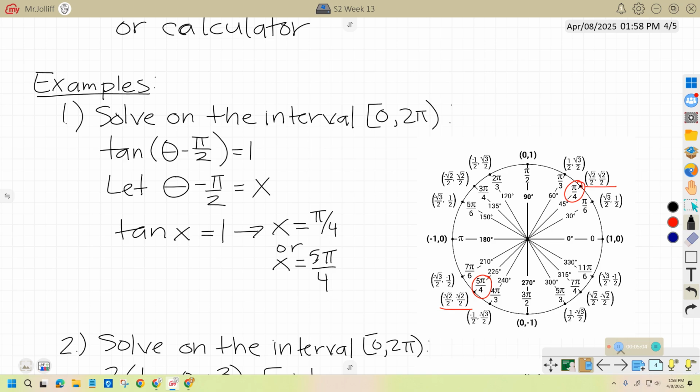If x is equal to pi over 4, theta minus pi over 2 equals pi over 4. Theta minus pi over 2 equals 5 pi over 4. I get two new equations.